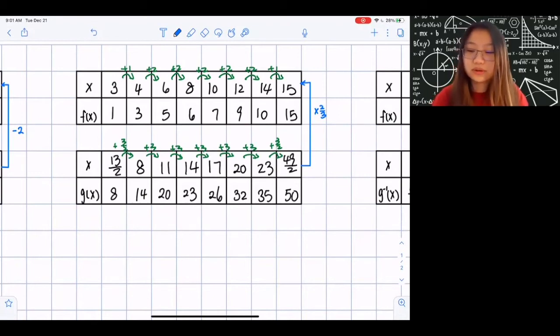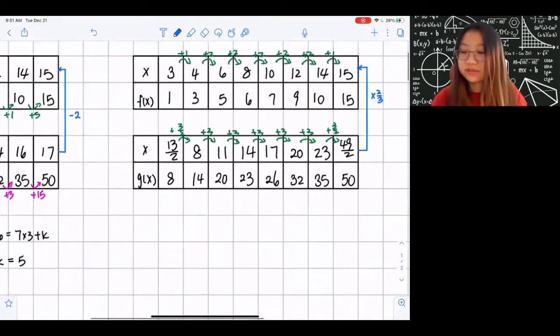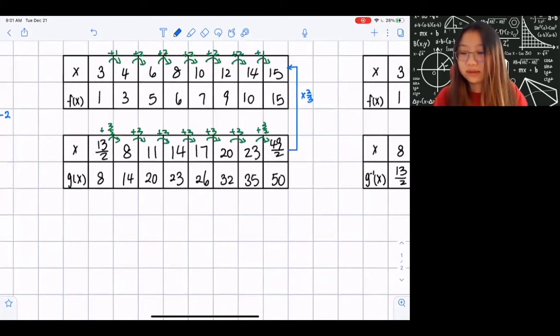Then let's do an equation over here as well, because you couldn't just use this multiplication to get your g of x, right? You have something else, so what I do is actually plugging in as well. So this one is a little bit trickier.